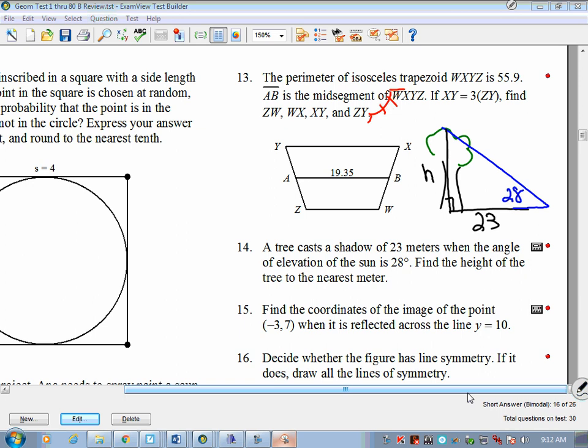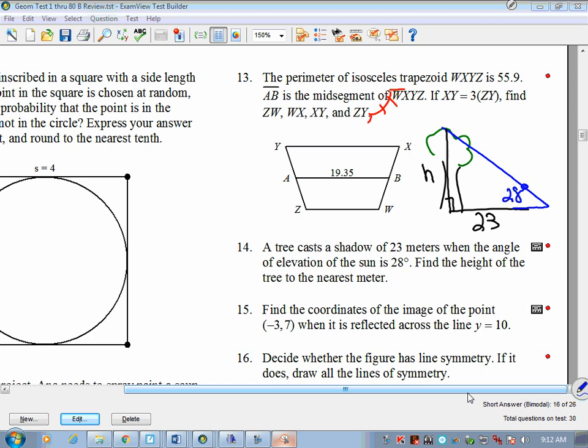Does anybody know which trig function we would use to solve this? I heard tangent. I heard sine. Okay, tangent, sine, or anybody want to go cosine? Sine uses what two things? What is sine? So it's SOA?